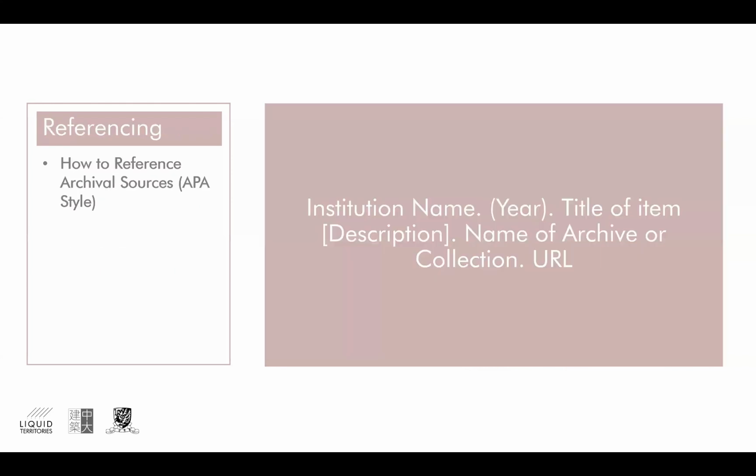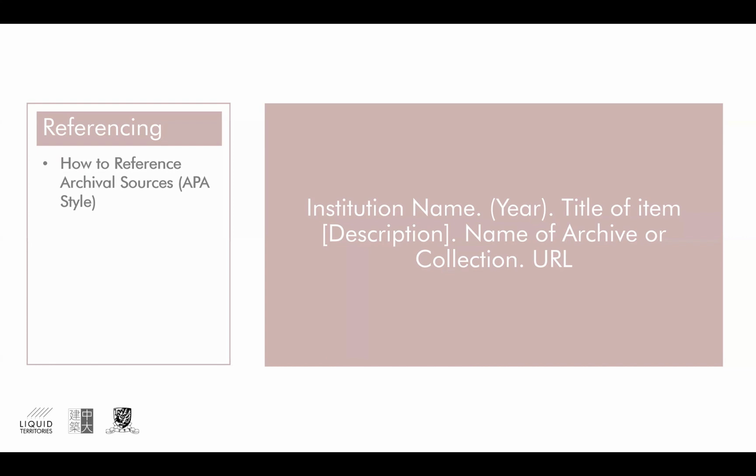So lastly, how to reference these archival sources. It's very important to reference archival sources properly. So here I have listed how to reference archival sources in APA style. It's important to note that always include the institution name of where the source is come from.